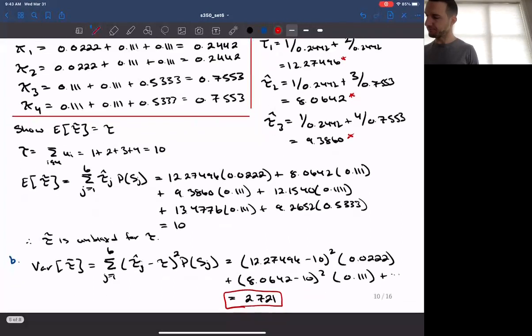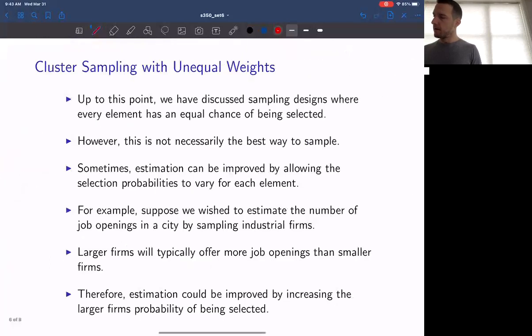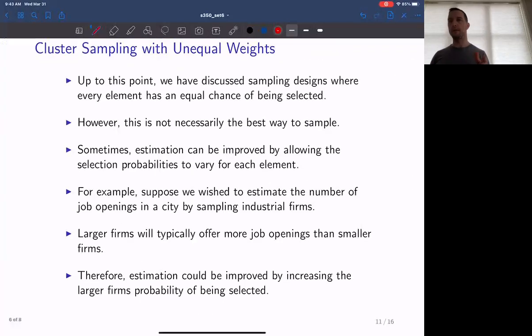Okay. All right, so this idea of sampling with unequal weights can also be translated into our cluster sampling schemes. So we have already studied cluster sampling. We know that cluster sampling essentially is a simple random sample where you collect groups of observations at the same time, and then you use each of those groups to build an estimate for some population quantity.